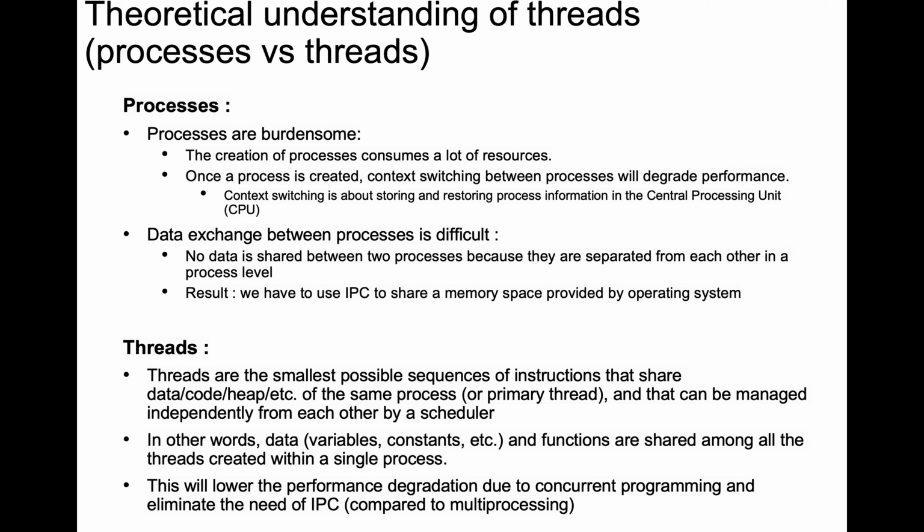And once a process is created, the context switching between processes will degrade the performance of your computer, because when the CPU is executing the instructions, as each process is separate from each other, all the context like variables and values are different in each process, right?